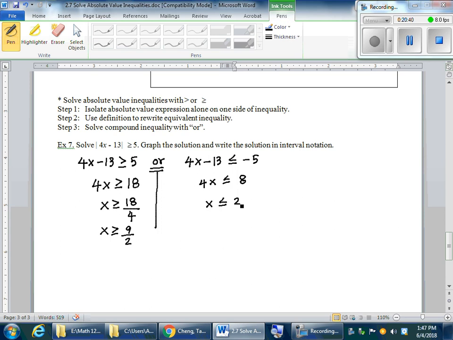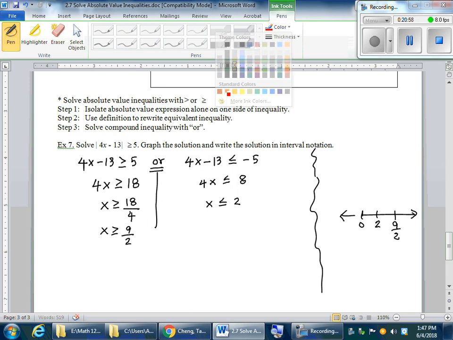Since our compound inequality is with "or," like before, I'm going to try to visualize it. Here's 0, here's 2, here's 9 over 2. x is greater than or equal to 9 over 2, so it'll be going in this direction.